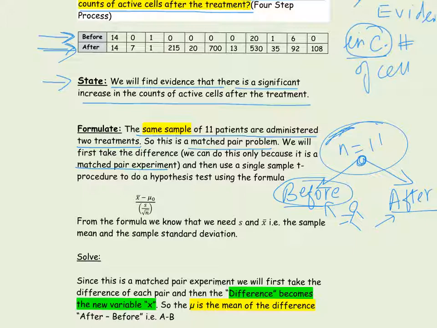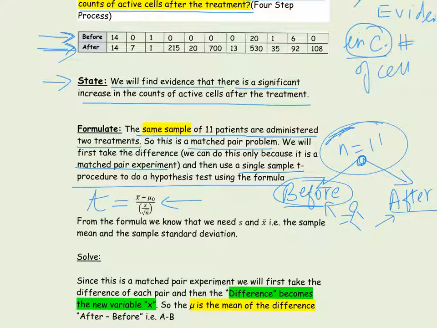The next thing I want you to write down is the formula that you're going to use. So it's a matched pair problem. We use the single sample T procedure to do a hypothesis test using the formula x bar minus mu naught divided by s over radical n.